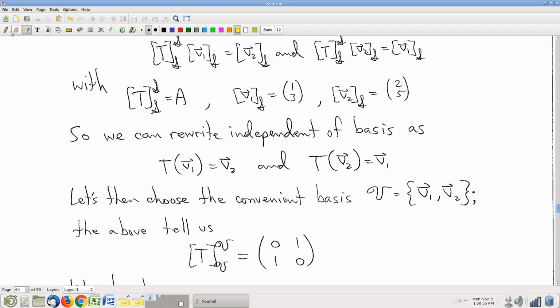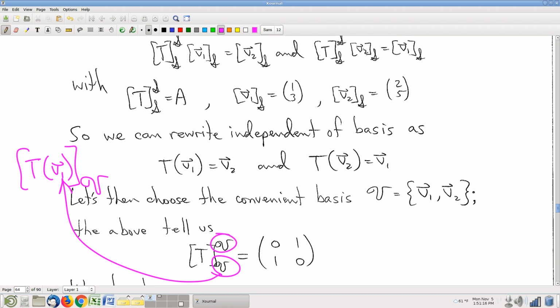Keep in mind the way we get this matrix here is the first column comes from taking the first one of these vectors, doing T to it, and asking for the coordinates with respect to that output basis, right? This is the formula for how to determine columns of a matrix representing a linear transformation.